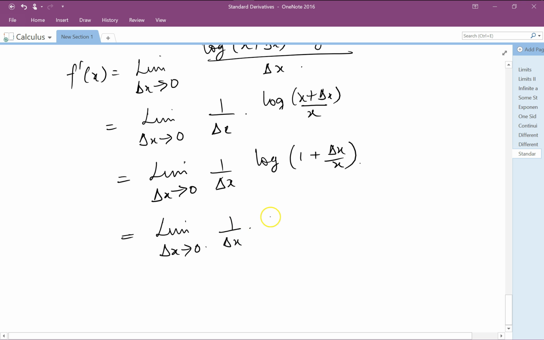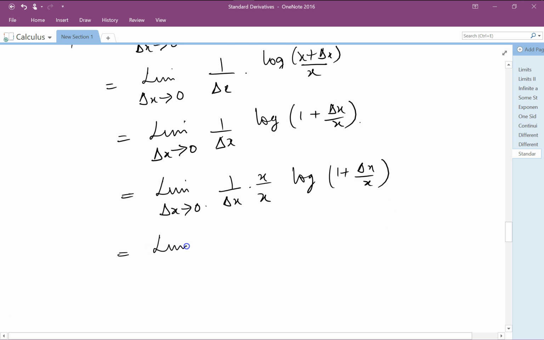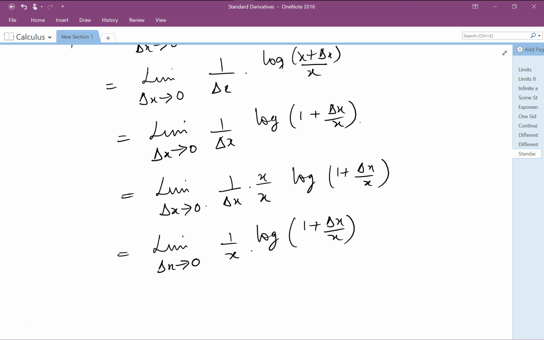Let's multiply both numerator and denominator by x. Log of 1 plus delta x by x. Limit as delta x approaches 0 of 1 by x log of (1 plus delta x by x) to the power of x by delta x; let's take this x by delta x to the top.